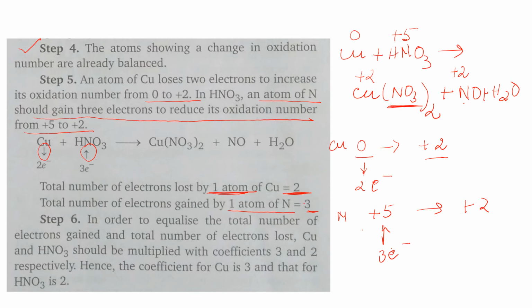Okay, so step number 5, what do I have to do? I have to find out the coefficients. In order to equalize the total number of electrons gained and lost, copper has to be multiplied with 3 and HNO3 has to be multiplied by 2.